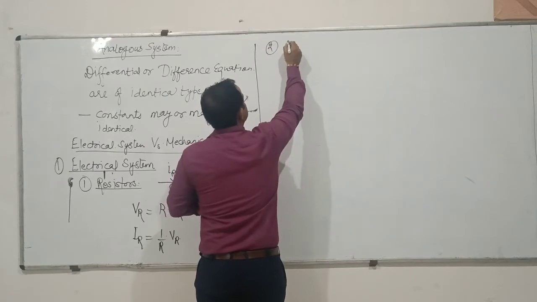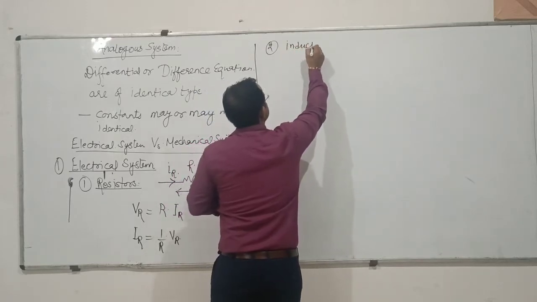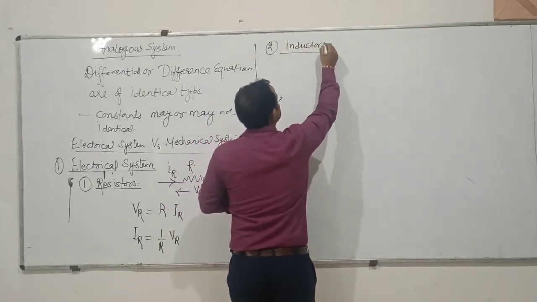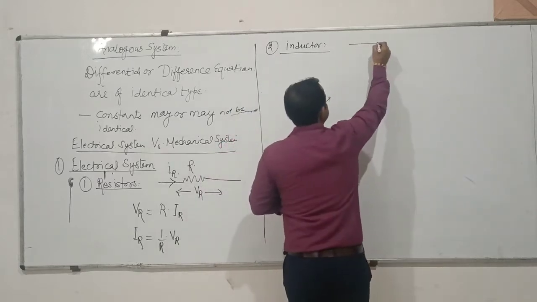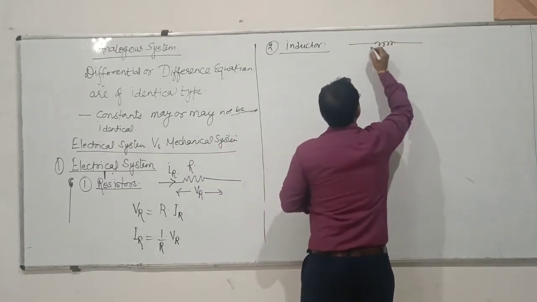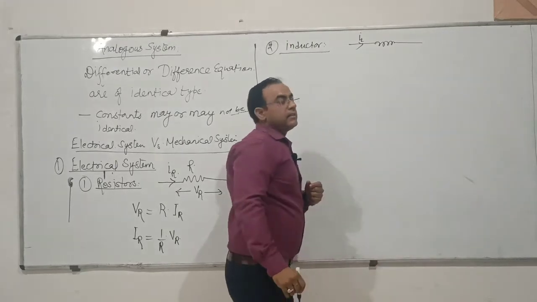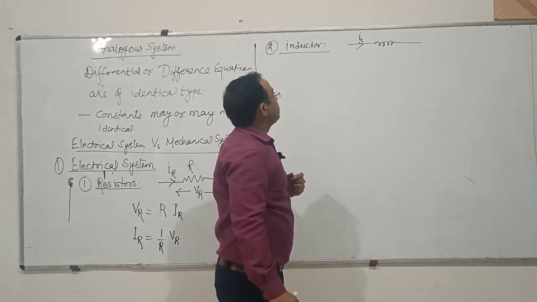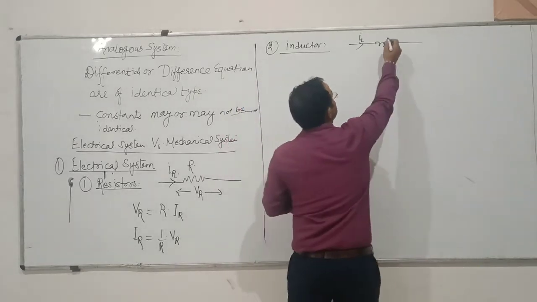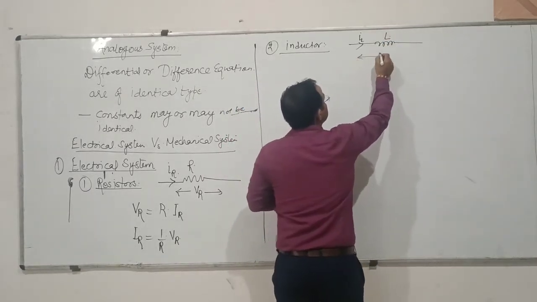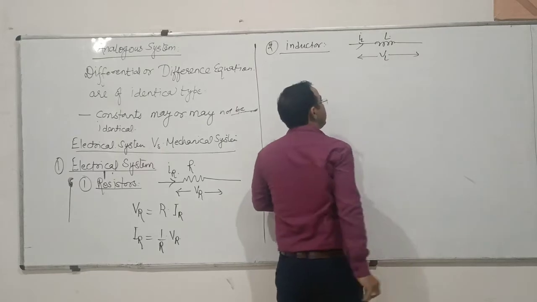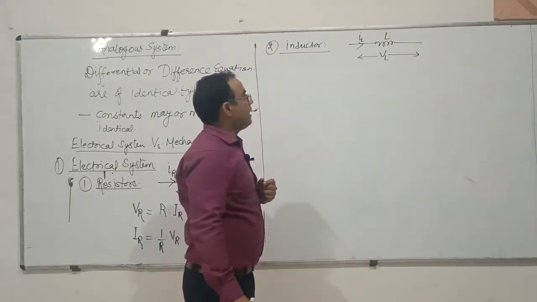The second element is the inductor. Consider that the current along it is IL, with inductance L, and the voltage difference between the two terminals is VL.